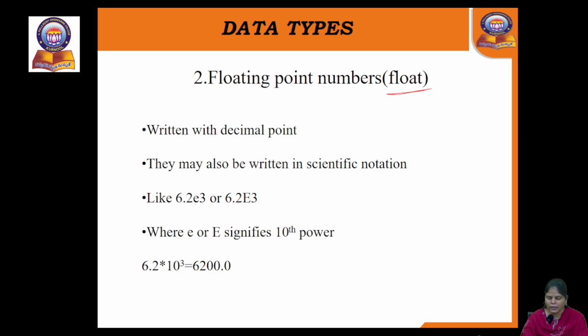For example, n1 equal to 7.3. This is a floating value: after 7 we have the decimal point and then another value. This is the representation of float values, right?